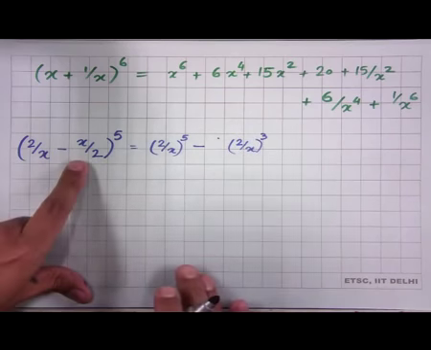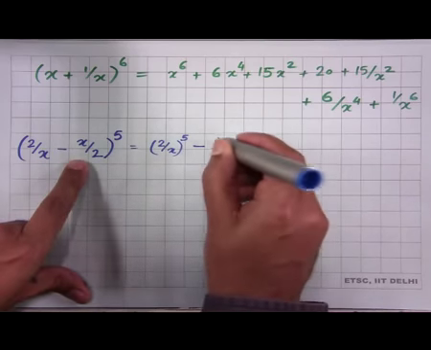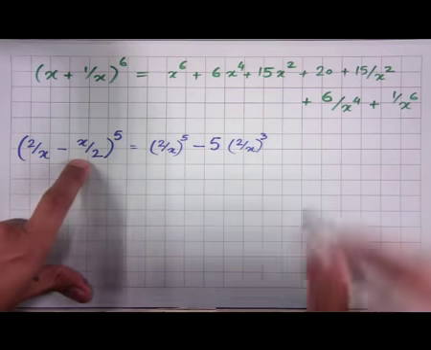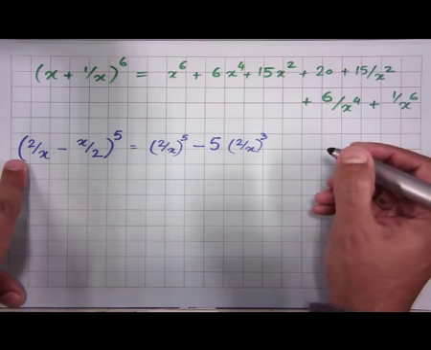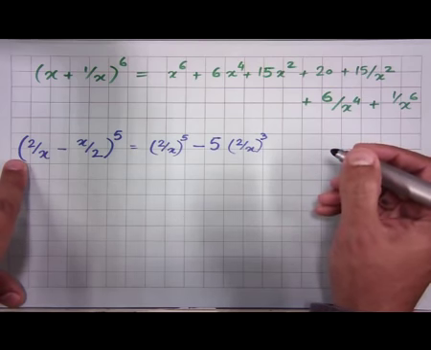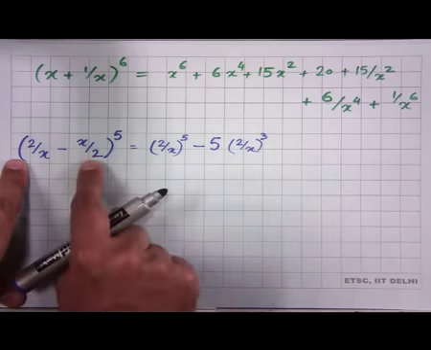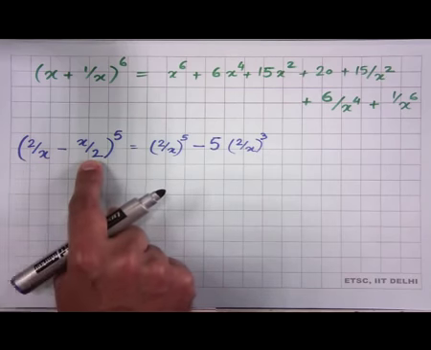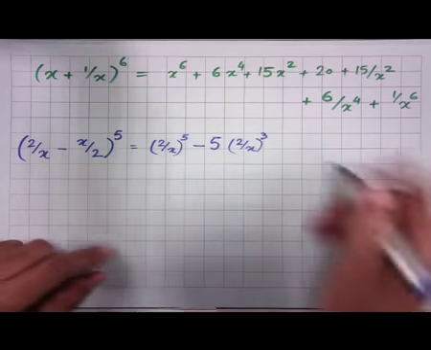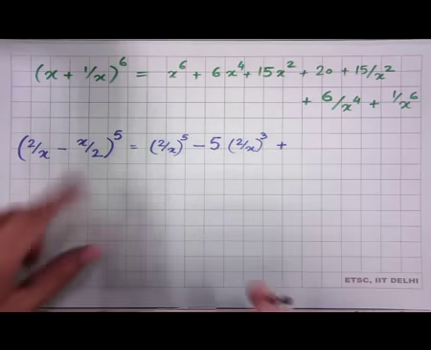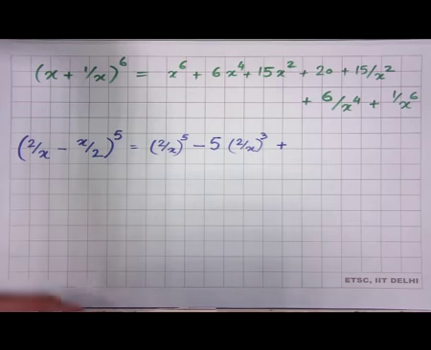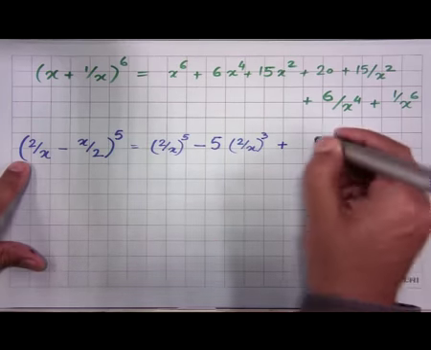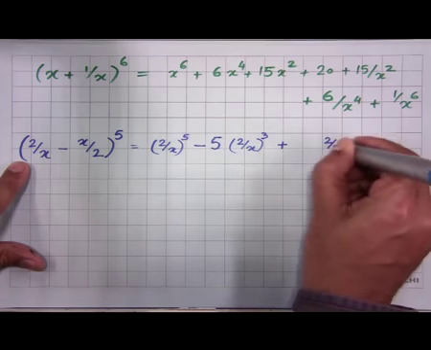And how many different ways can you do this? 5. And the next time you pick 2 by x just 3 times and minus x by 2 2 times. So, when you are picking minus x by 2 2 times, it becomes a plus, and x by 2 whole squared times 2 by x whole cube leaves you with just 2 by x.